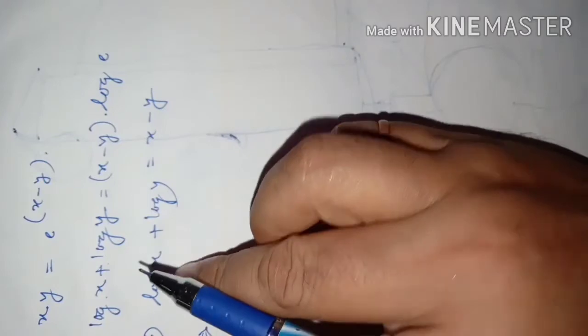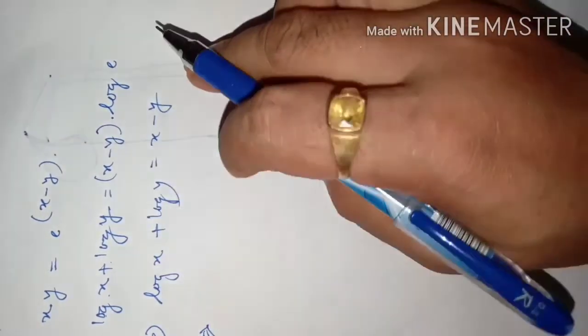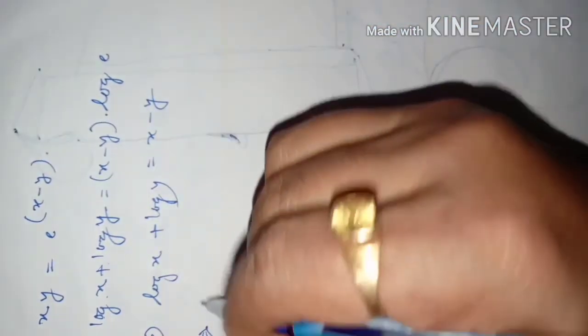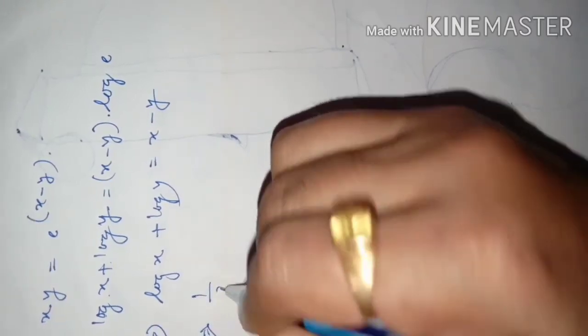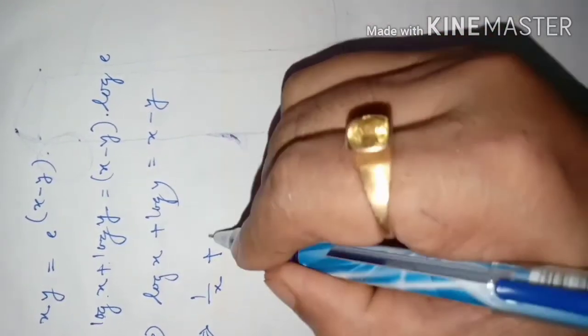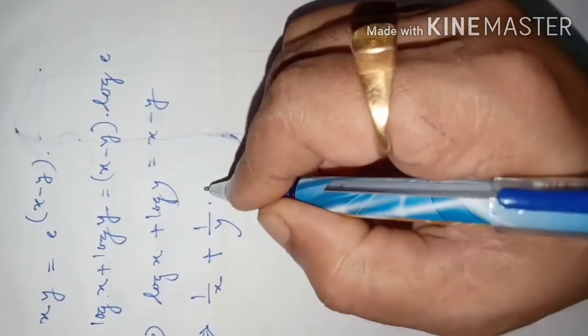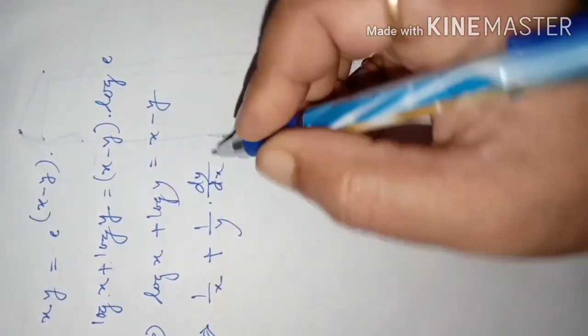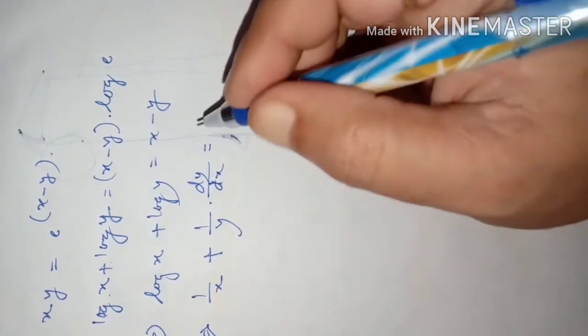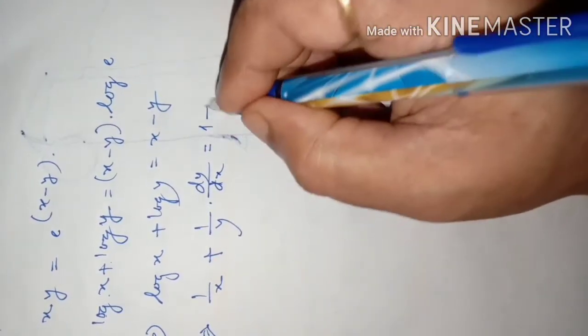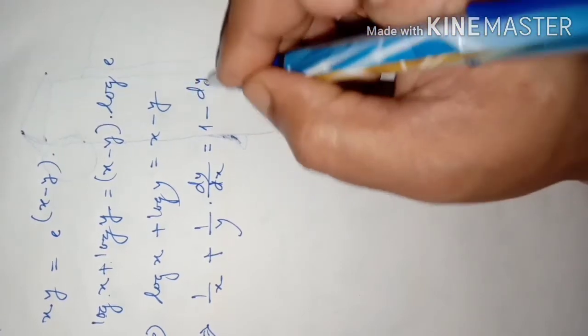So then take the derivative of both sides. Directly you can take, because here directly you can go about this dy by dx only is required. So d dx of log x is 1 by x plus d dx of log y is 1 by y into d dx of y is dy by dx, is equal to d dx of x is 1 minus d dx of y is dy by dx.